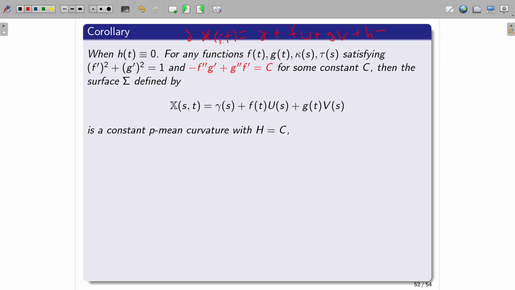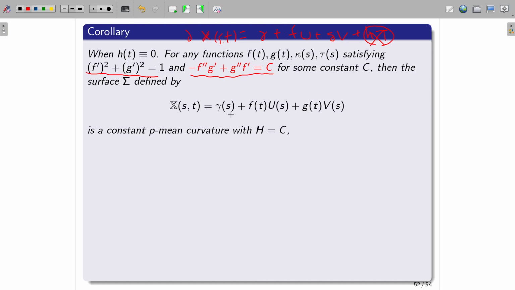Originally we have h plus t, right? T is the z direction, but now assume h is equal to 0 for any function f, kappa the P curvature, and the contact normality satisfying the condition like this with the P mean curvature constant.